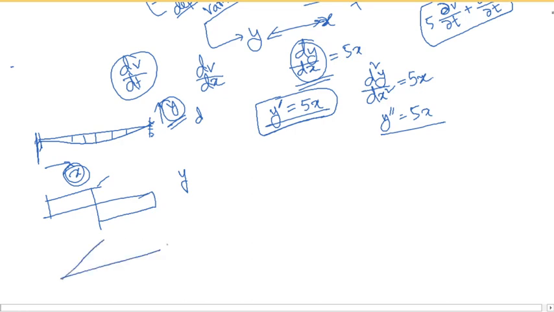From this we understand that the slope of the bending moment at any point is proportional to the value of shear force at that particular point.